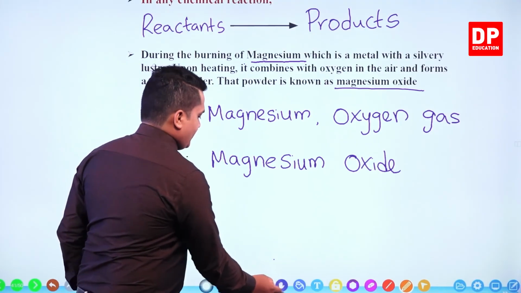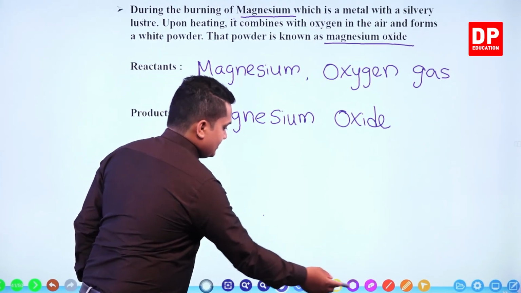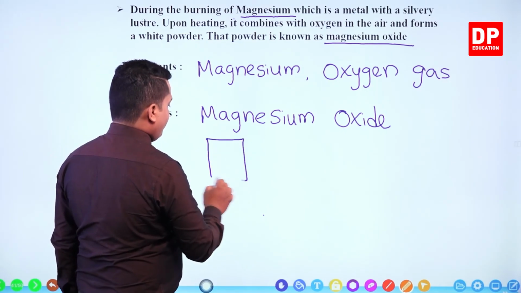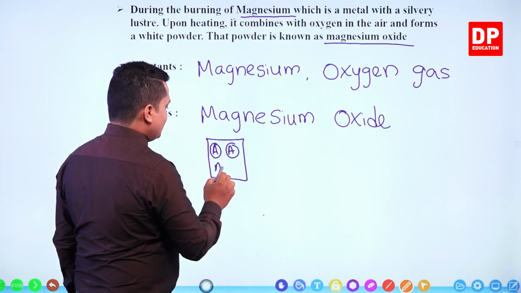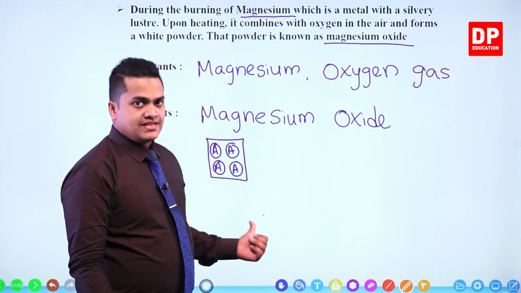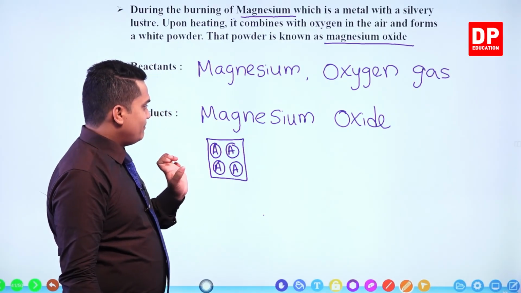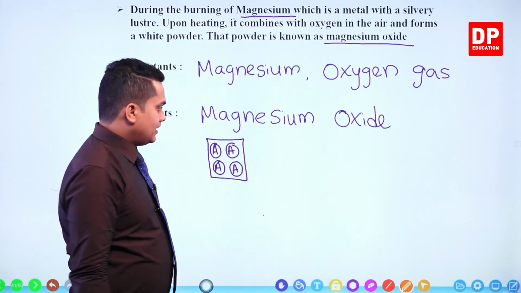Let's imagine magnesium is a type of material made up of A. Like in the paper case, can you remember when I was tearing that paper, I drew the same figure. So this is magnesium made up of A substances or A particles.